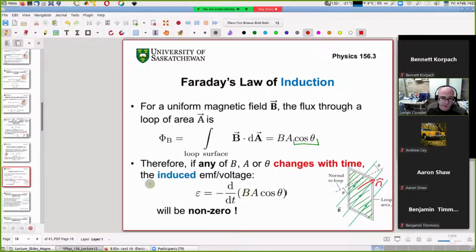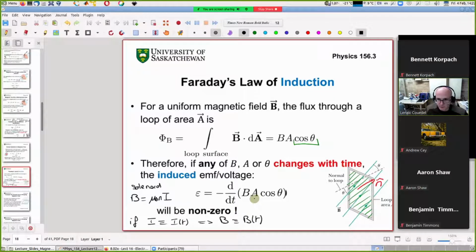So if you remember, for a solenoid, you have the magnetic field given by mu0 n I. So if I is a function of time, then B is also a function of time. Therefore, you can have a derivative with respect to time.